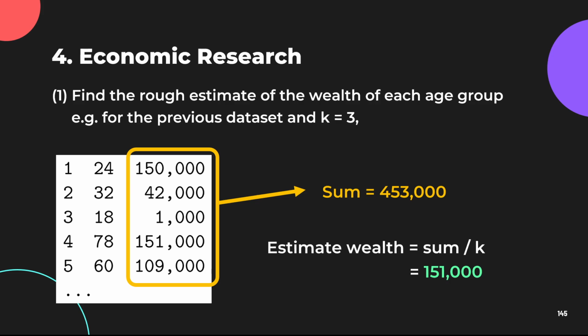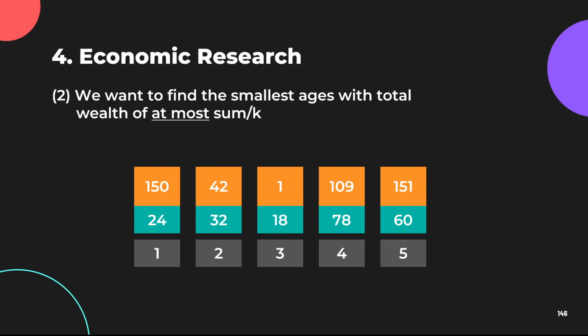So what next? I want to find the smallest age such that the sum of all wealth here is at most 151,000. I want to find up to which age the sum is at most 151,000.